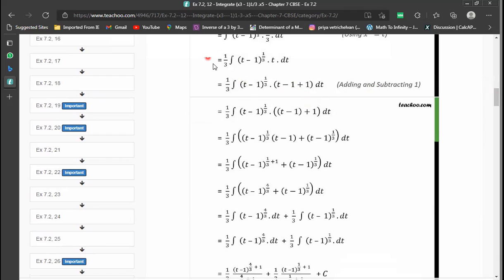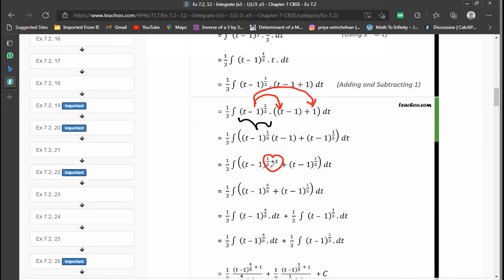Now what we are doing, you are just taking this t minus 1 the whole power 1 by 3 to these two terms and multiplying. So t minus 1 power 1 by 3 into t minus 1 can be written as t minus 1 the whole power 1 by 3 plus 1, isn't it?